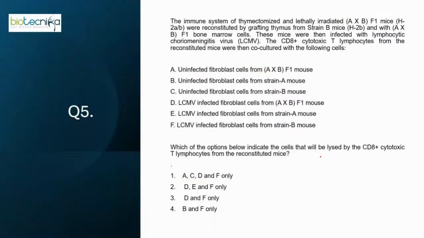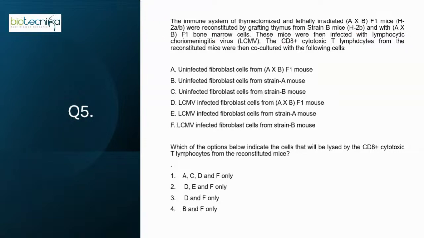Now, coming to the last question. It is saying that the immune system of thymectomized and lethally irradiated A into B F1 mice, H2AB, were reconstituted by grafting thymus from strain B mice, H2B, and with A into B F1 bone marrow cells.